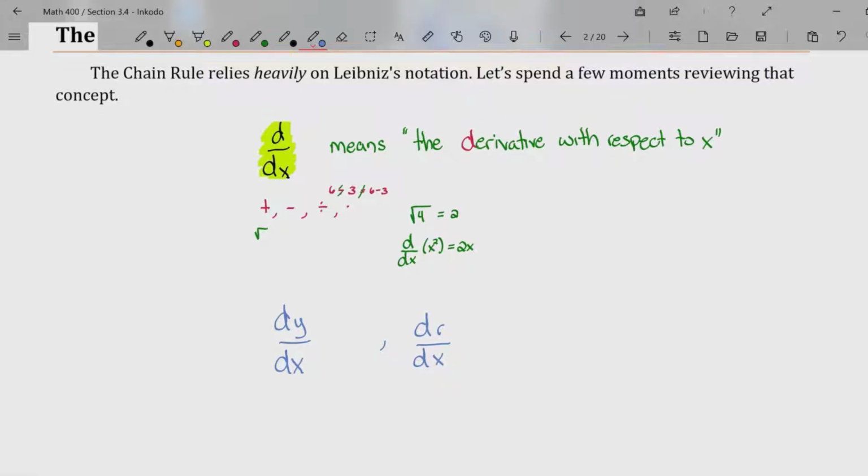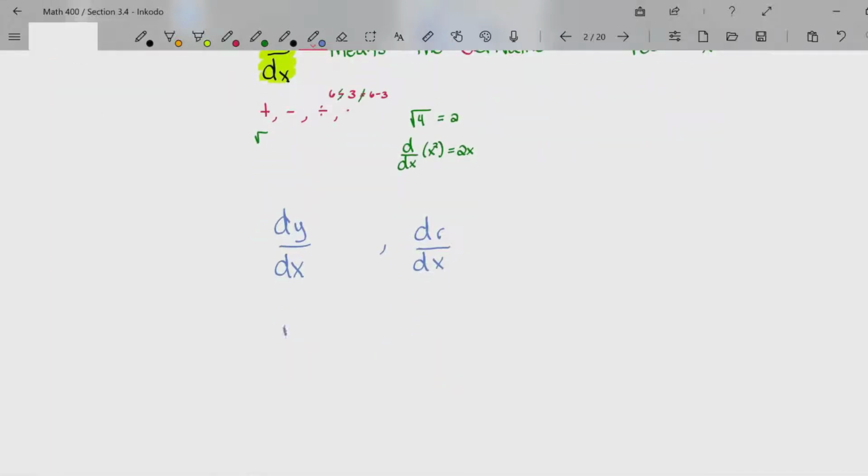In fact, if r is some function of time, let's just say r is 3t squared plus 1, it's some function that returns some value r when you plug in a value of time. And then if I have some other function, let's say f, that doesn't directly rely upon time, but instead relies upon r, let's say 2r plus 4 or something like that.